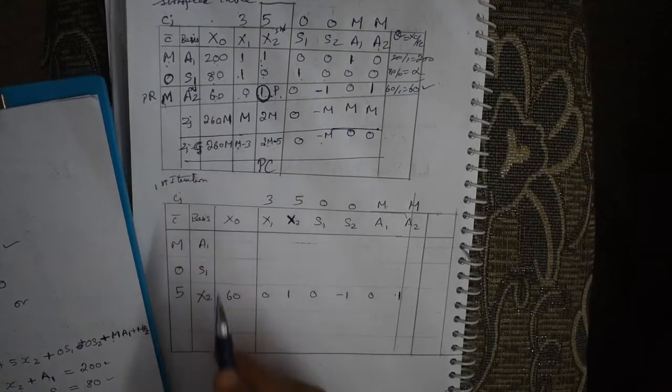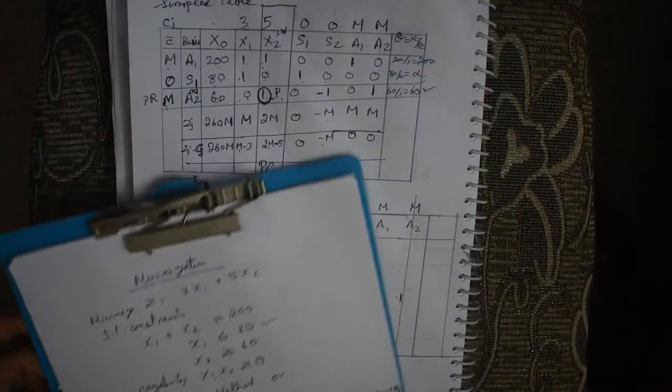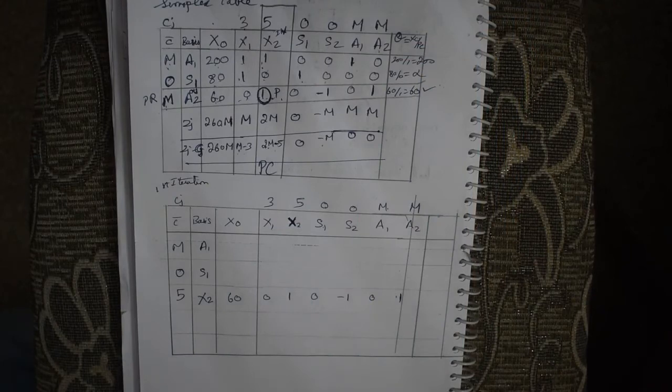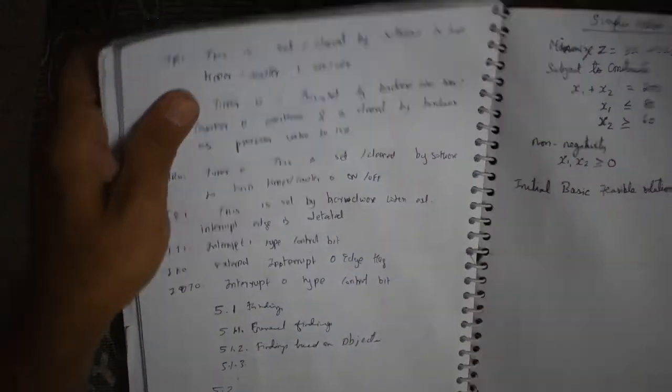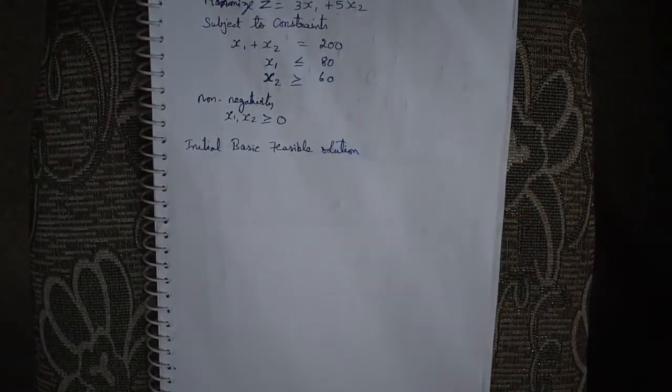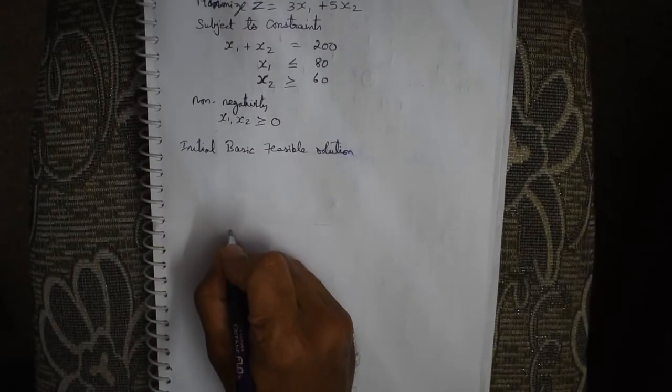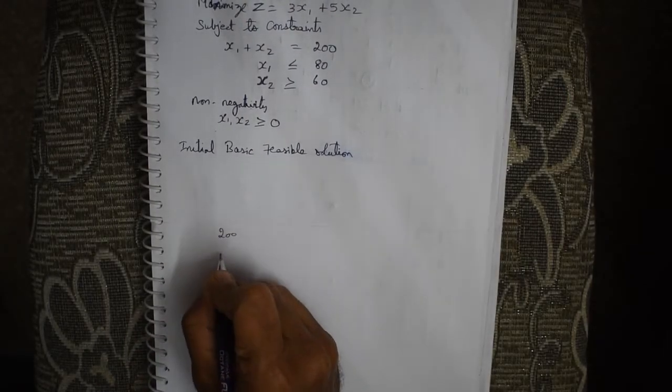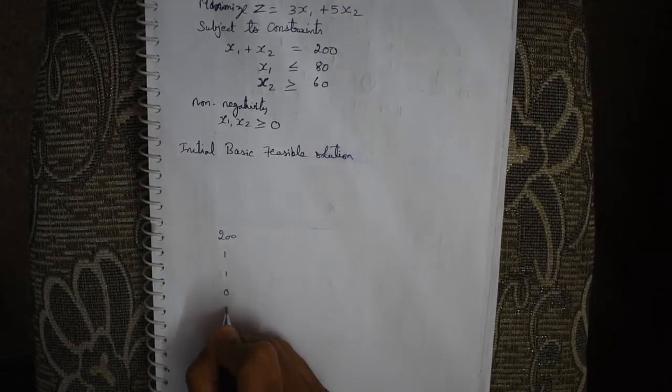And for the other rows, I have given you a formula: old value minus PC by P into PR. So let us take the values here. Let me take row A1: 200, 1, 1, 0, 1.